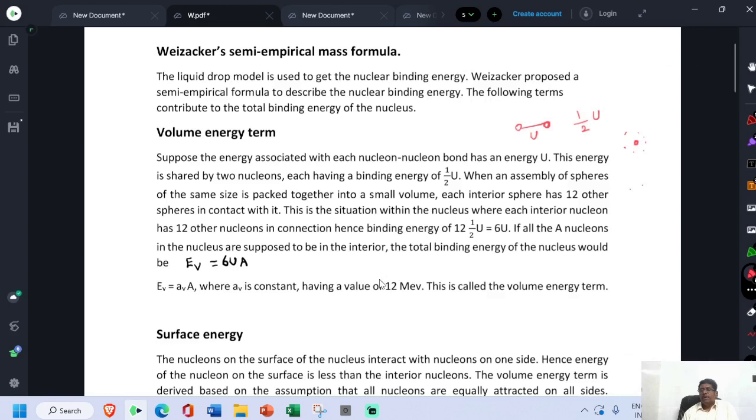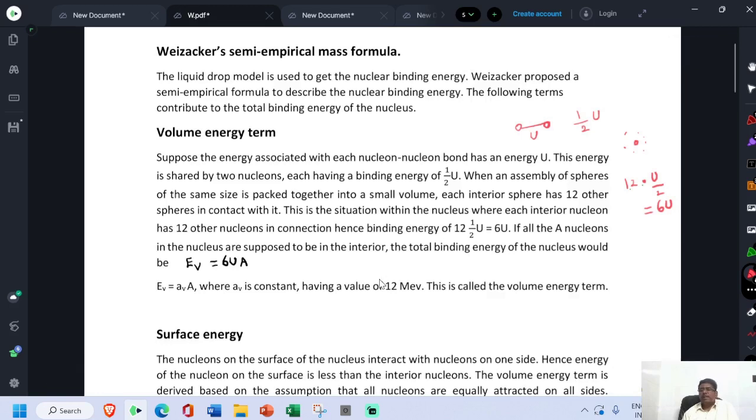As we discussed earlier, each nucleon has energy half into U. Then this nucleon, which is surrounded by 12 other nucleons, may have energy of 12 into U by 2, which is equal to 6U. So a single nucleon has an energy of 6U.